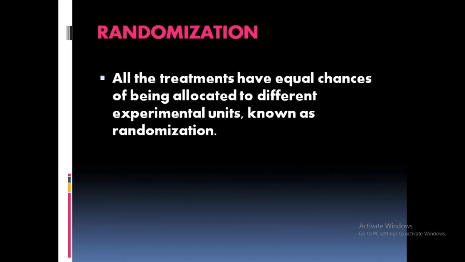Second one is randomization. What is that? All the treatments have equal chances of being allocated to different experimental units. You know what random sampling is? Same type here. All treatments have equal chance of being allocated to different experimental units. That is known as randomization. For example, there are 100 patients and you are doing a trial of the COVID vaccine.